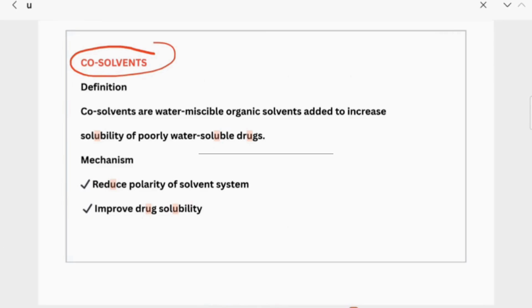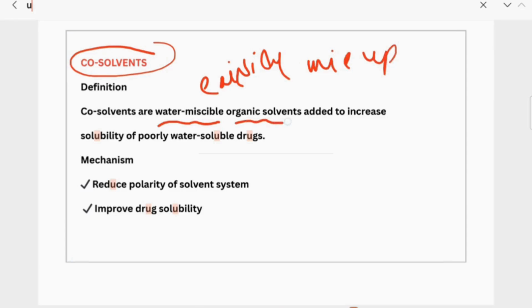Now what are co-solvents? Co-solvents are also liquids, but they are water miscible, means they are easily mixed with water. There is no phase separation, and they are organic solvents. Why are they added? To increase the solubility of poorly water soluble drugs.